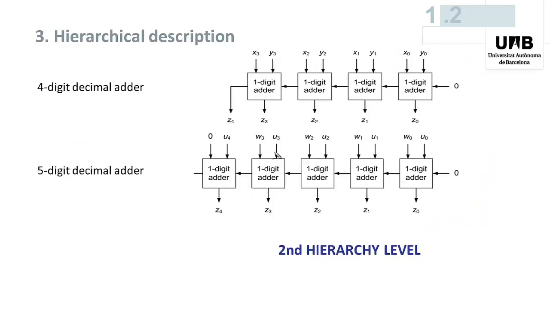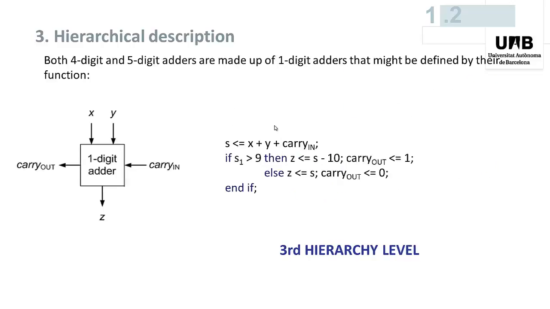Then both the 4-digit adder and the 5-digit adder can be described using 1-digit adders. This is a second hierarchical level. Finally, a 1-digit adder can be defined by its function, for example, the same piece of program as before. And this is a third hierarchical level.